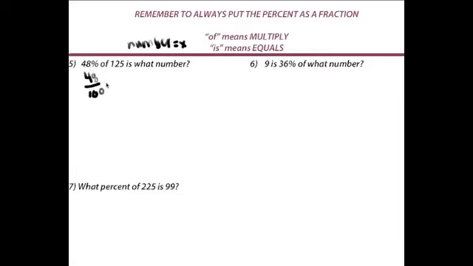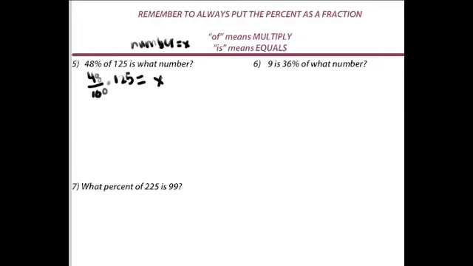Of, remember, means times, so you put a little times there. 125, there's nothing special about that, it's not a percent or anything, so we're just going to recopy 125. Is, I see the word is, we know is equals. What number, x. So we're solving for x pretty much is what we're doing, okay? So maybe to help us out with this, let's put that 125, because it has no fractions, over 1.